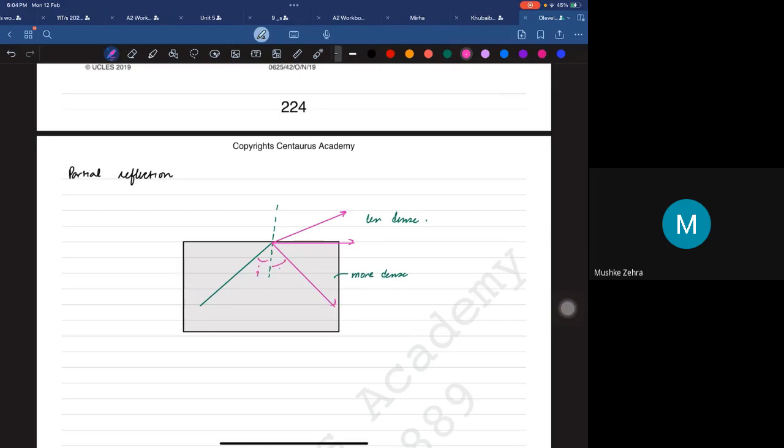This process that you see right here is called partial reflection. So we're going to write about it. What if they're the same density? They would not bend then, because same density means it is the same medium for us.